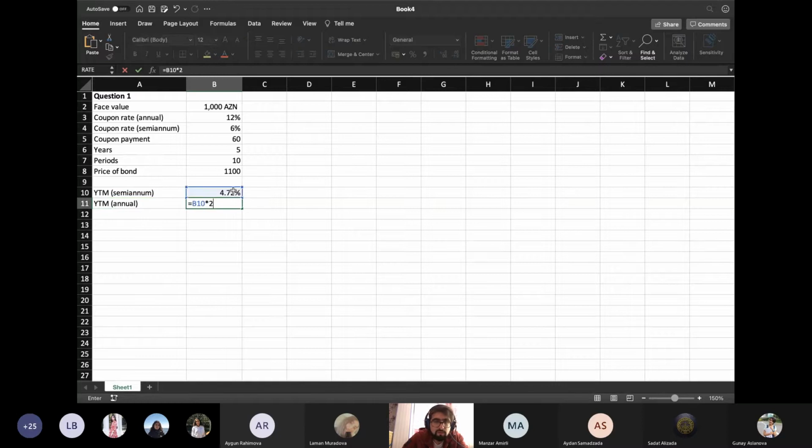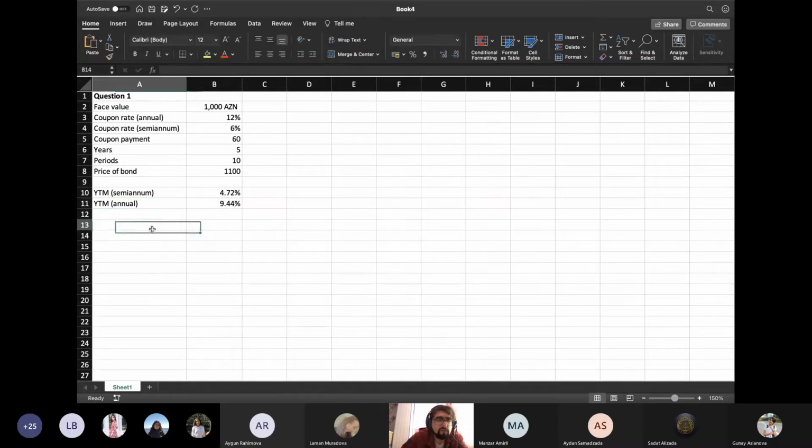Just multiply by 2. This is our yield to maturity. It is more likely impossible to calculate yield to maturity manually. You can use either Excel or financial calculator.